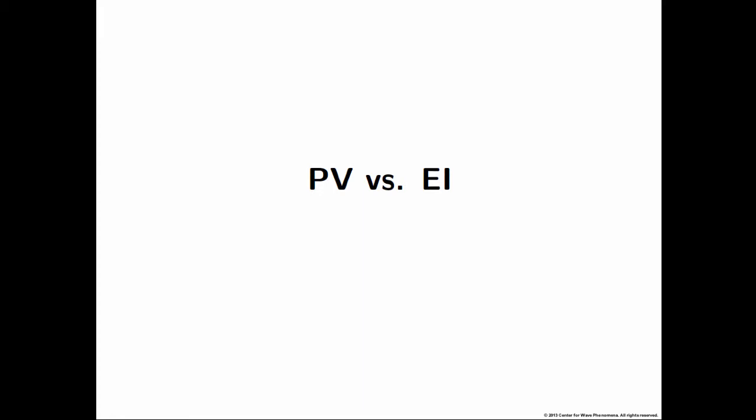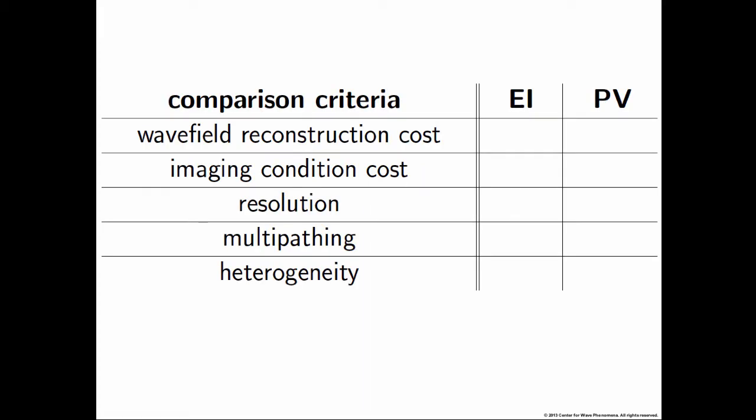So now I have summarized the two methods. I want to see how they apply to imaging in complex media, and the way I do this is by using five different criteria. The first two are related to the cost: the wave reconstruction cost, and the application of the Poynting vector or the extended imaging condition. The last three relate to the complex media. The angular resolution: how well resolved are the angle gathers?